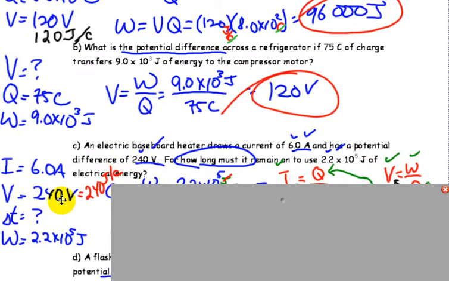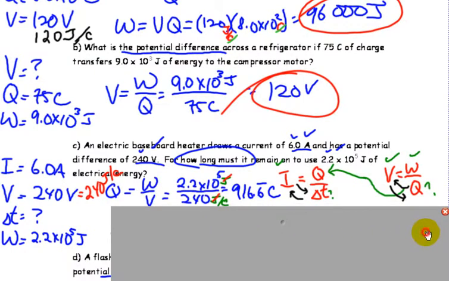So big V, 240. For how long must it remain on? So how long, that's a time we're looking for, if we're using 2.2 times 10 to the 5 joules of electric potential energy. So here we have work also, and we're asked to find time.